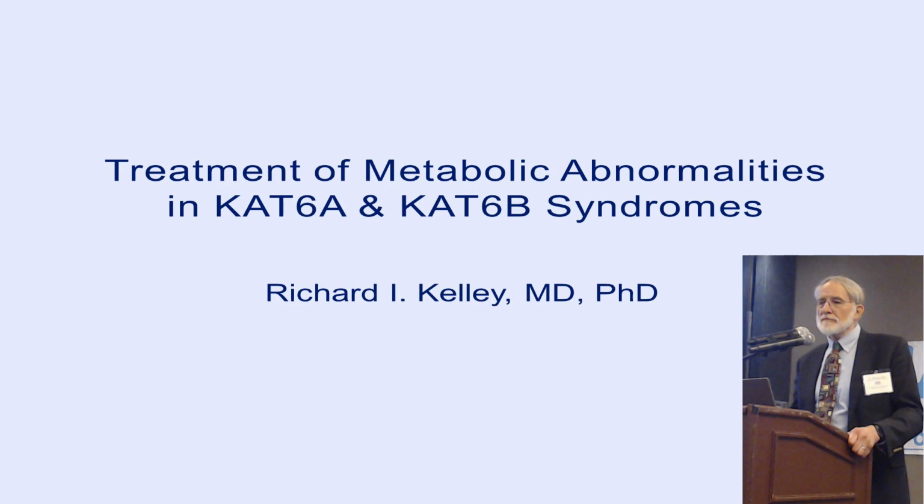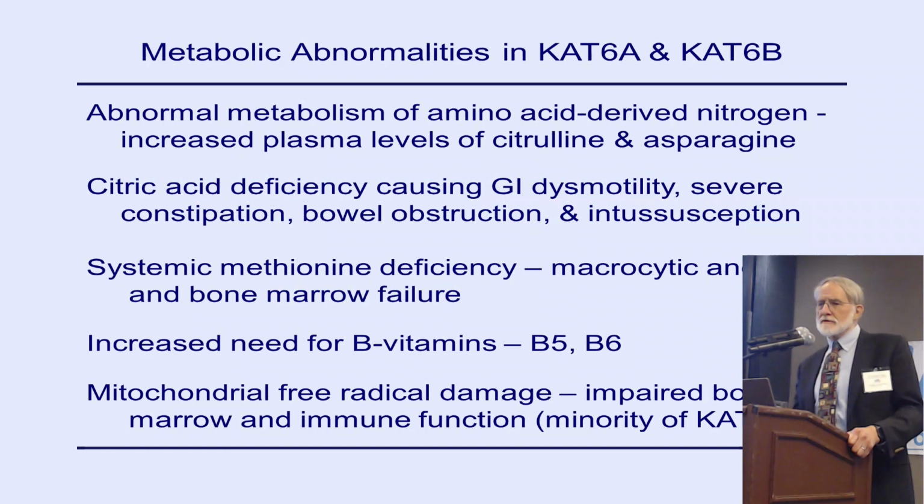Certainly there's evidence that the citric acid cycle is not working very well, and that happens in a number of mitochondrial diseases. So we have some experience with treating these.